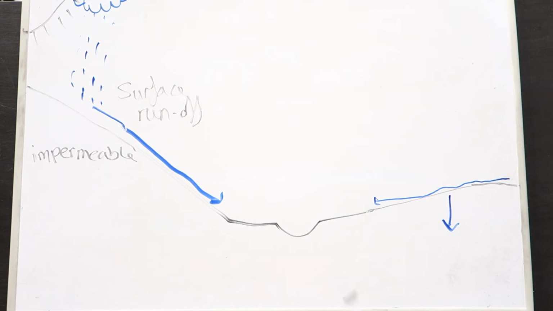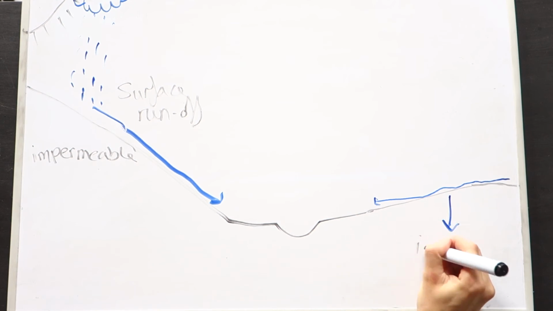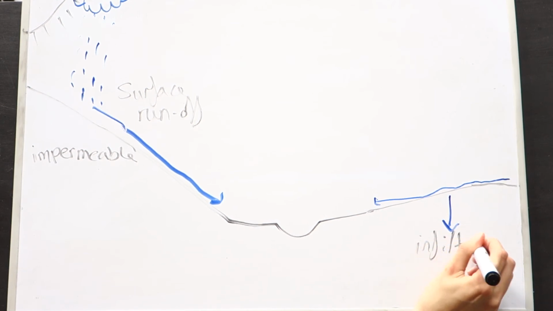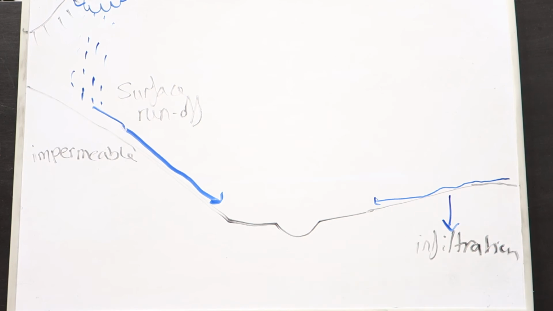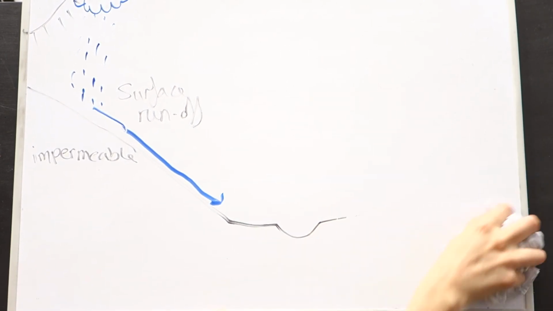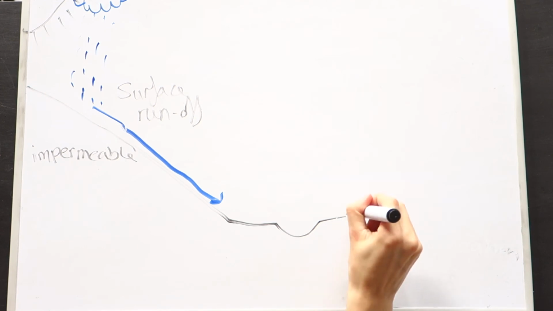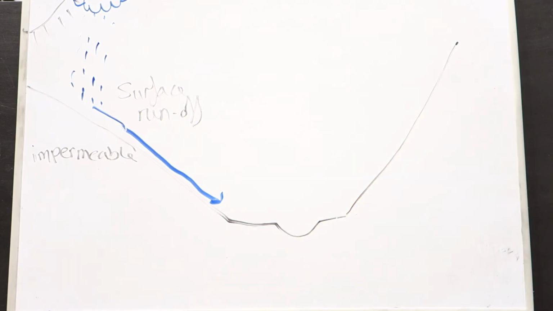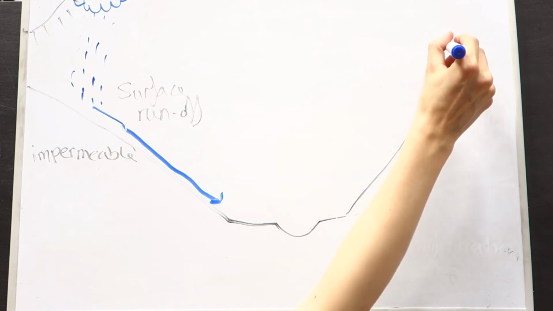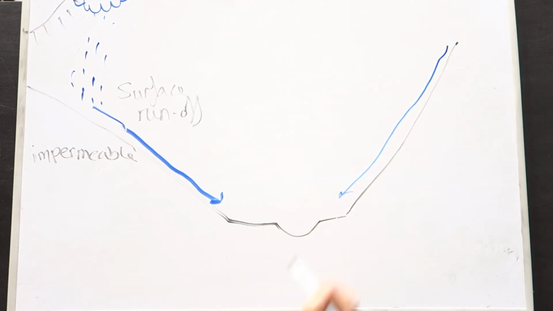So when the land is flat, there is more infiltration. However, if the land is really steep and it rains, the water flows very, very quickly as surface runoff into the river, and it doesn't have time to infiltrate into the soil.